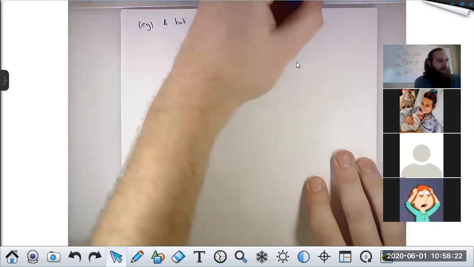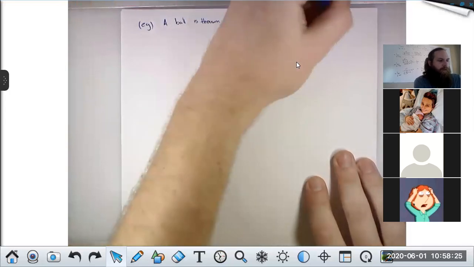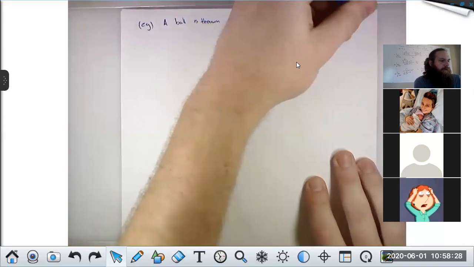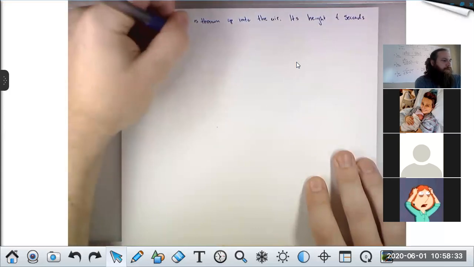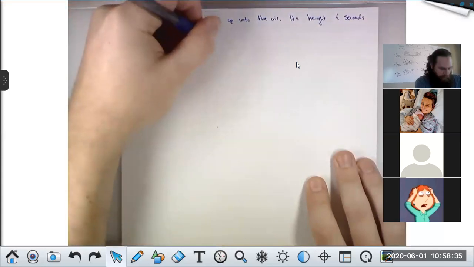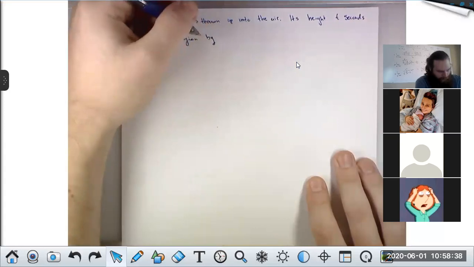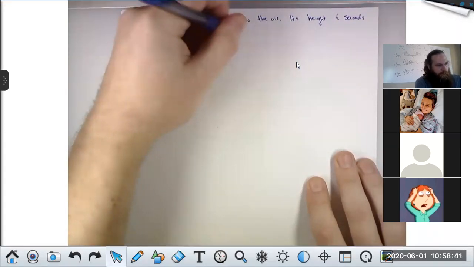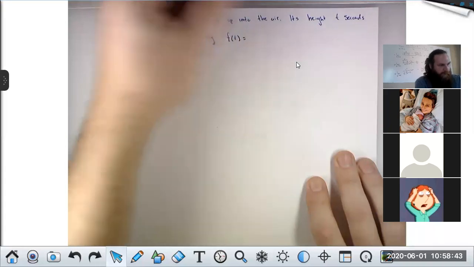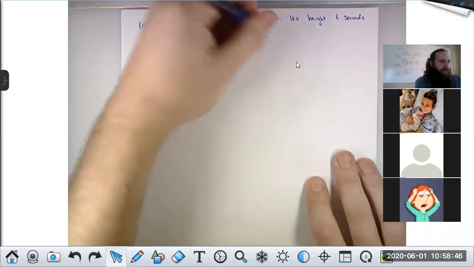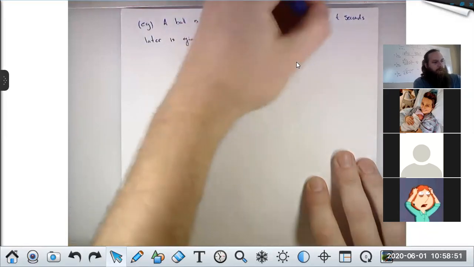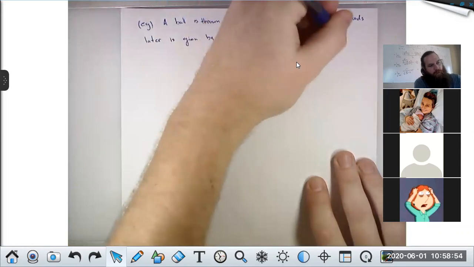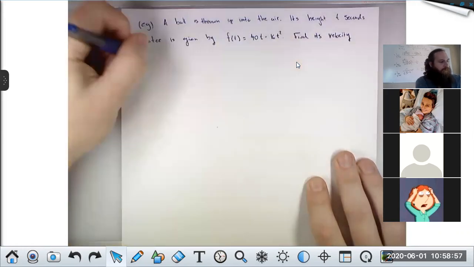Its height, t seconds later, is given by f of t equals 40t minus 16t squared. Find its velocity after 2 seconds.